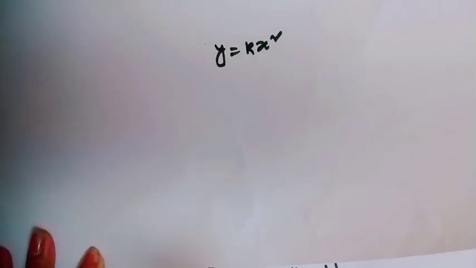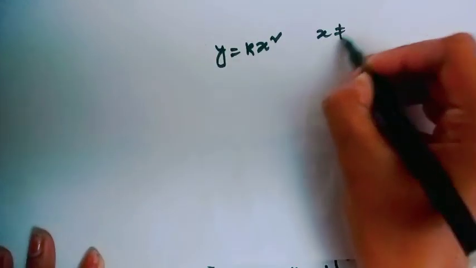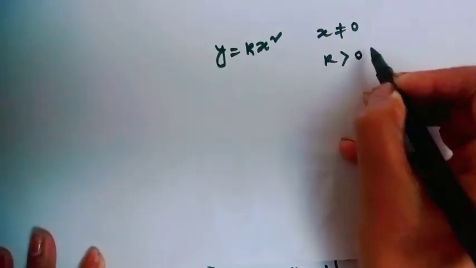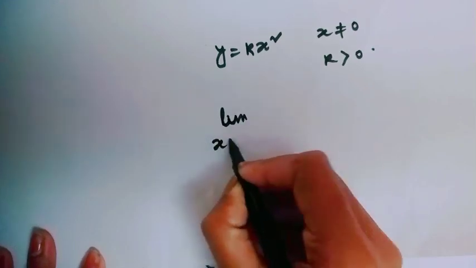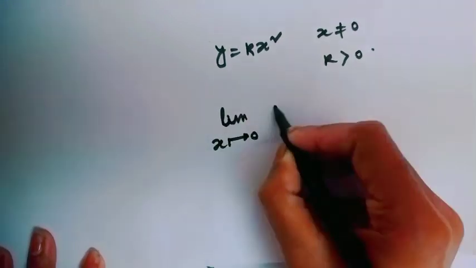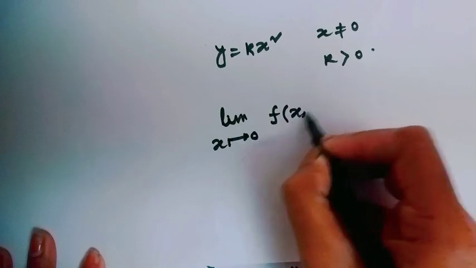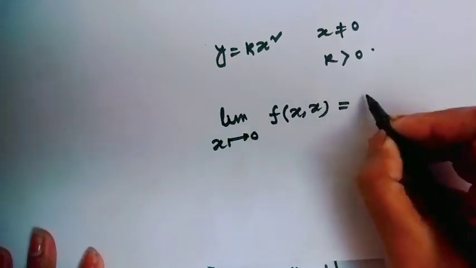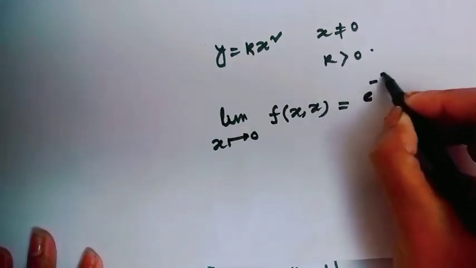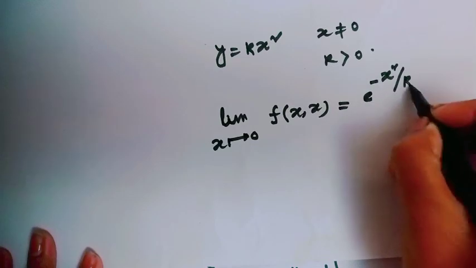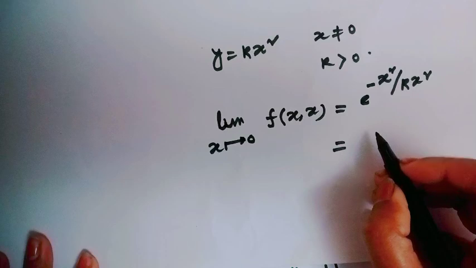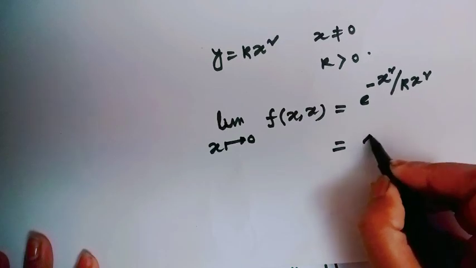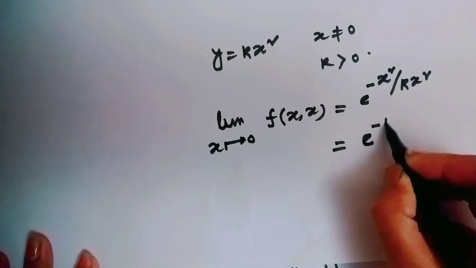Okay. After putting in the value, the limit as x approaches 0 of f(x, kx square) equals e to the power minus x square over kx square, and this value equals e to the power minus k.